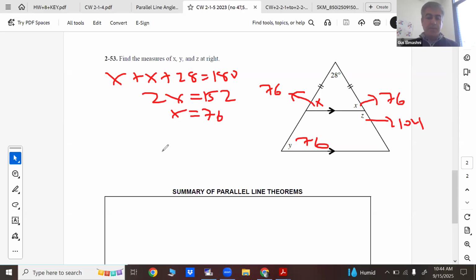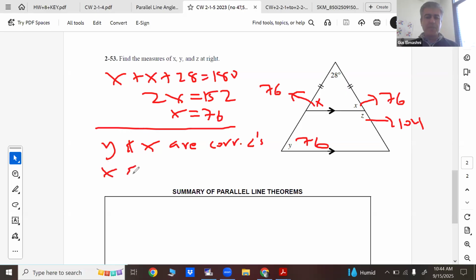And then you got parallel lines. Y and X are corresponding angles. Careful there. And then of course, X and Z form a linear pair, meaning they have to add to 180.